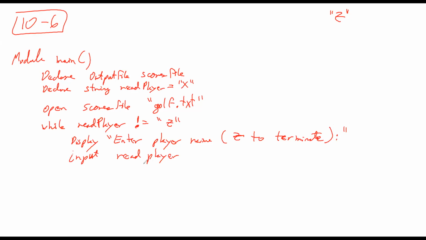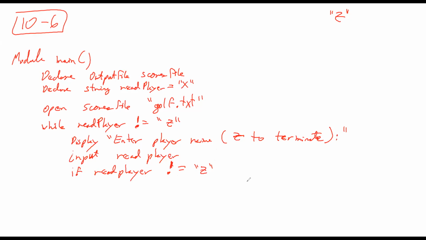Then after that, if read player not equal to Z, right? That means that we haven't entered the terminating character just yet. So if it's not equal to Z, then we can continue, right?